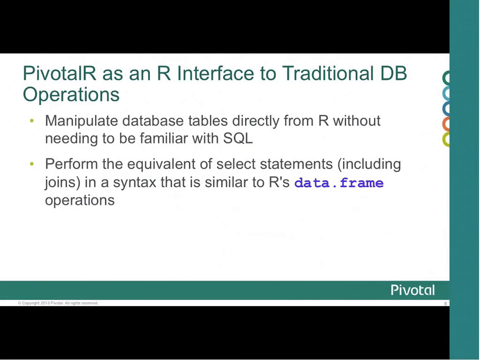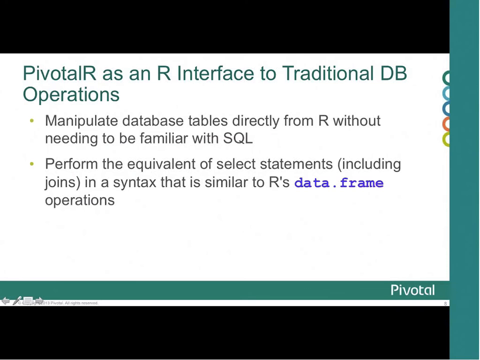Merge is really the R equivalent of a SQL join. So in the back end, when a user supplies a merge command using the PivotalR package, that merge command is translated into a SQL join statement, which is then executed inside of the database.